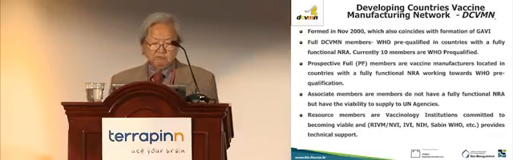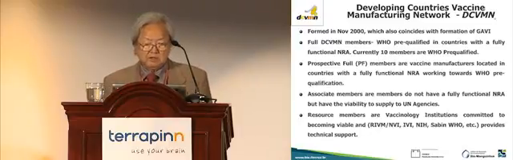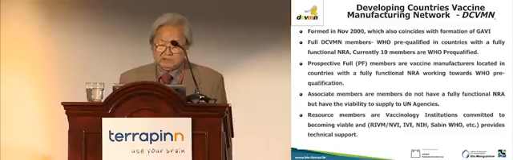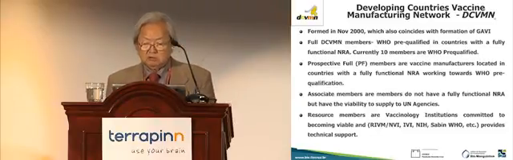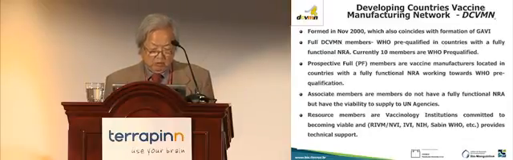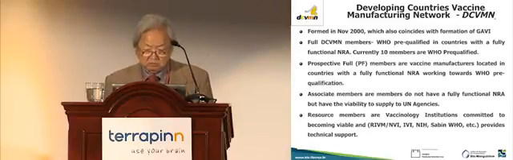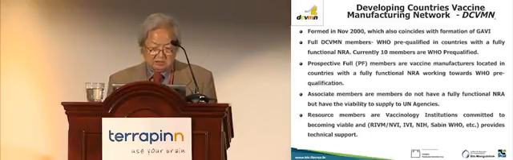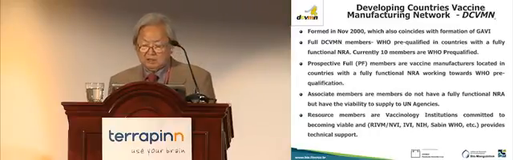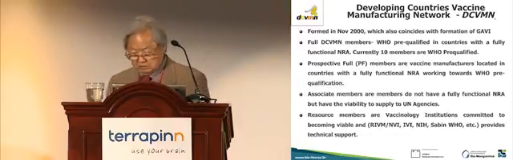The prospective full members are vaccine manufacturers located in countries with a fully functional national regulatory authority, working towards WHO pre-qualification. We have associate members, who do not have a fully functional national regulatory authority in their countries but have the viability to supply to United Nations agencies. And the resource members are vaccinology institutions committed to becoming viable and supporting our institution.